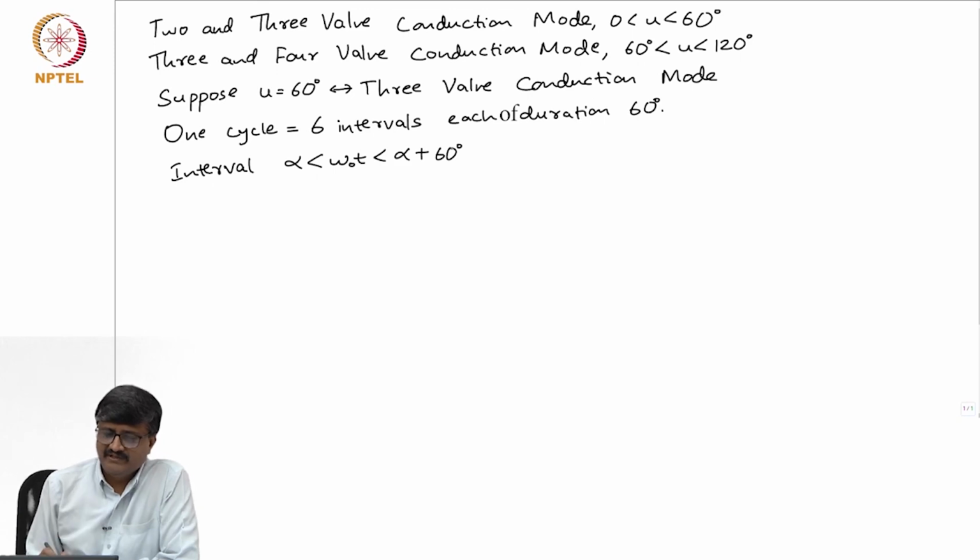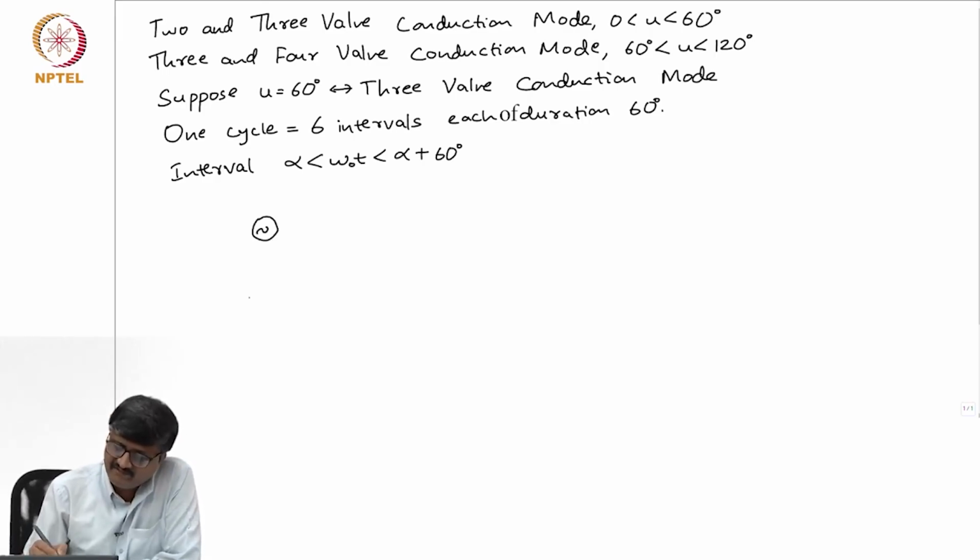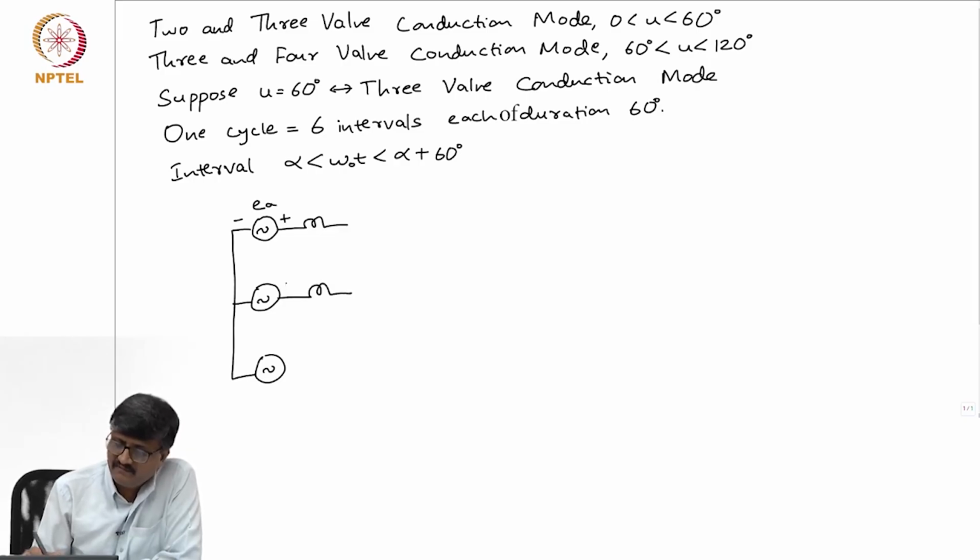Let me show the equivalent circuit which contains only those elements which carry non-zero current. So I have an equivalent circuit with 3 voltage sources, EA, EB, EC.